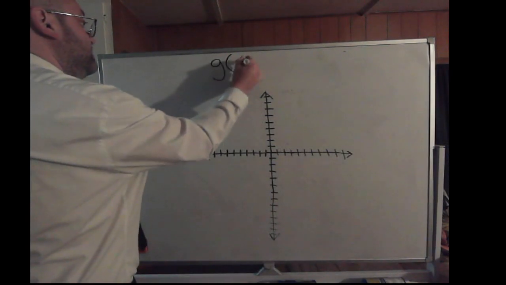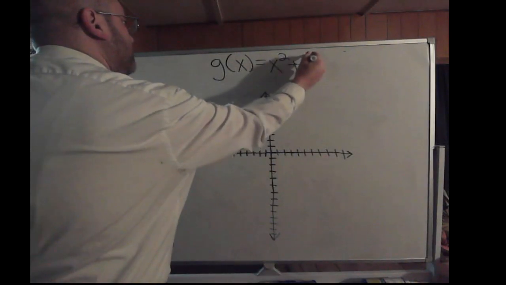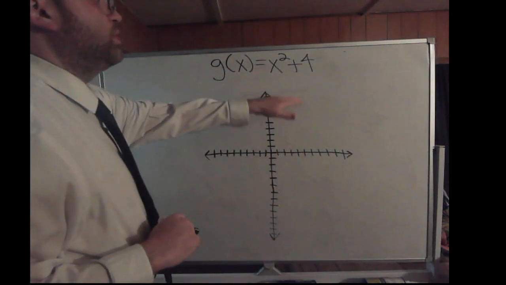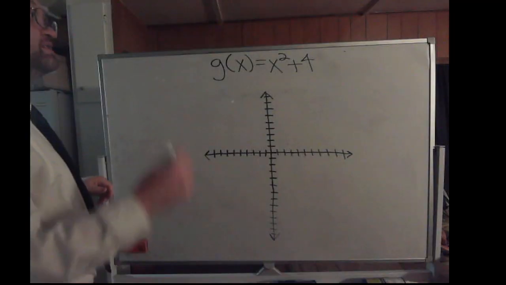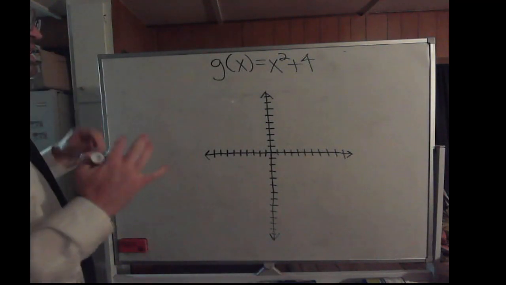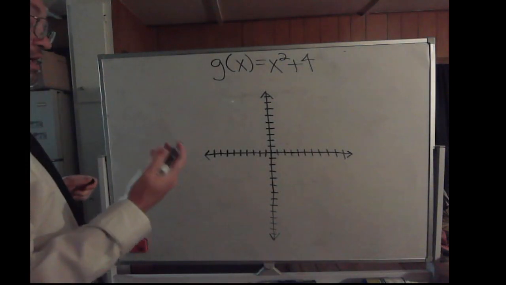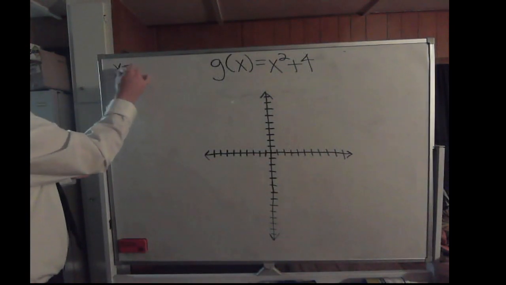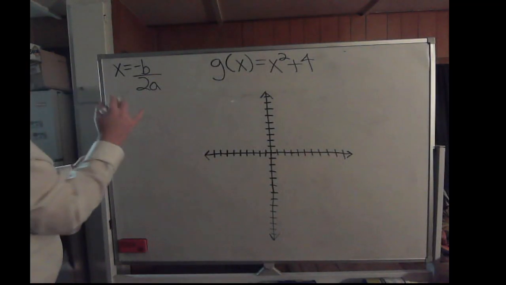We have g of x equals x squared plus 4. So this particular function, we have g of x equals x squared plus 4. So let's start again. Let's find the coordinate of the vertex. There's only one vertex, I should say, or vertices for the plural form. So that's going to be x equals negative b over 2a is how you find your vertex.